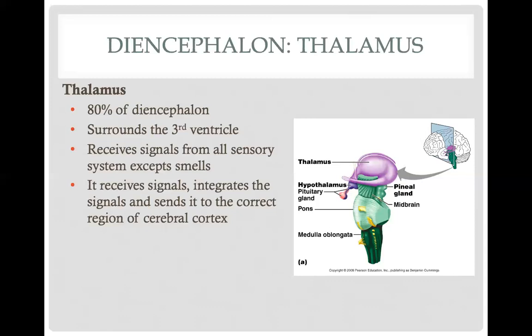So it is a relay station, a quote unquote gateway to your cerebral cortex. You need to pass through your thalamus to be able to get to your cerebral cortex.